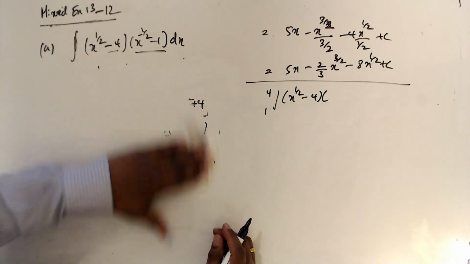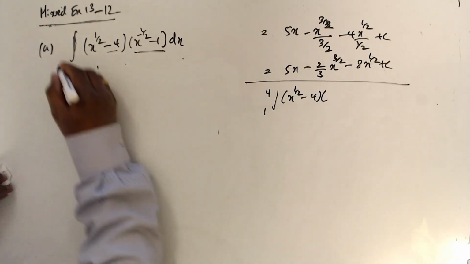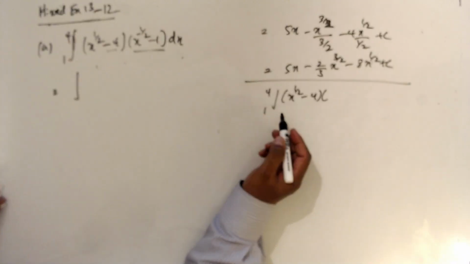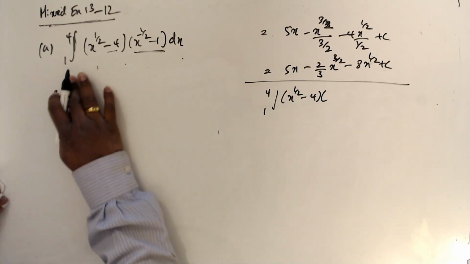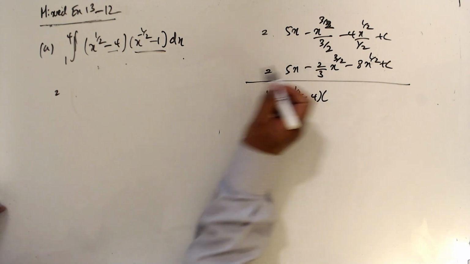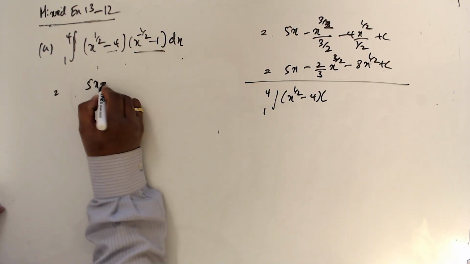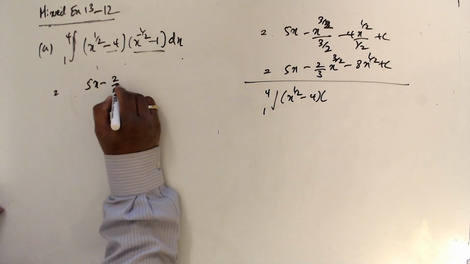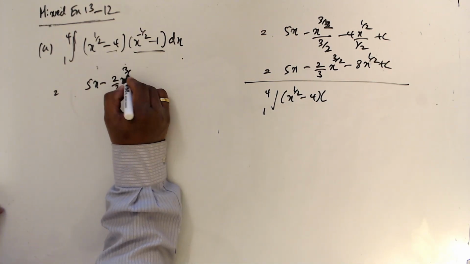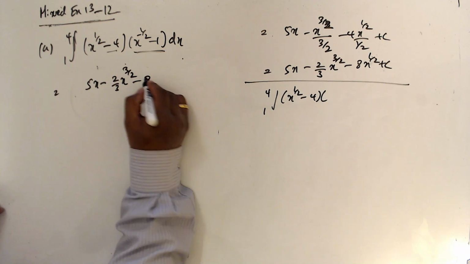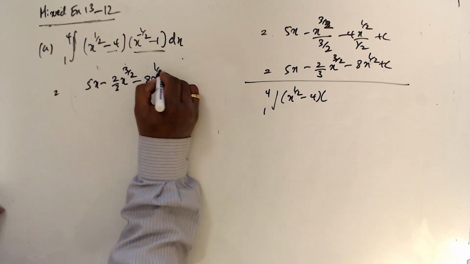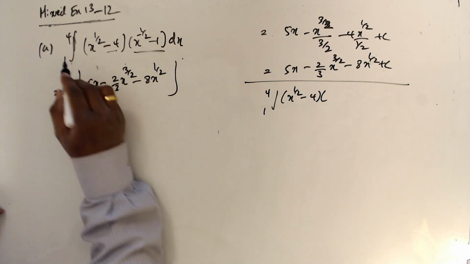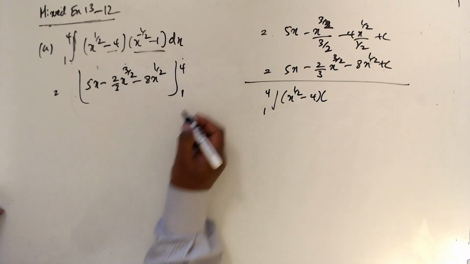So this is from 1 to 4 and we integrate this one. 5x minus 2 over 3 x to the 3 over 2 minus 8 x to the half. Now we don't need c because this is going to be a definite integral.